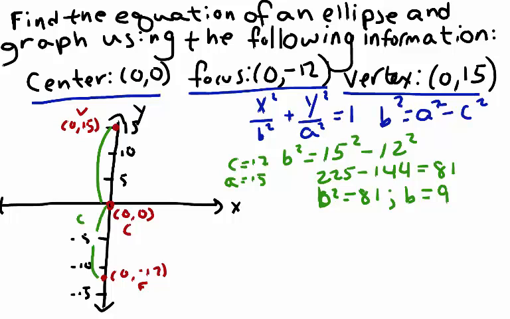Since our ellipse is centered at 0, 0, we have the form of our equation for the ellipse, and now we can plug in values for b squared and a squared.